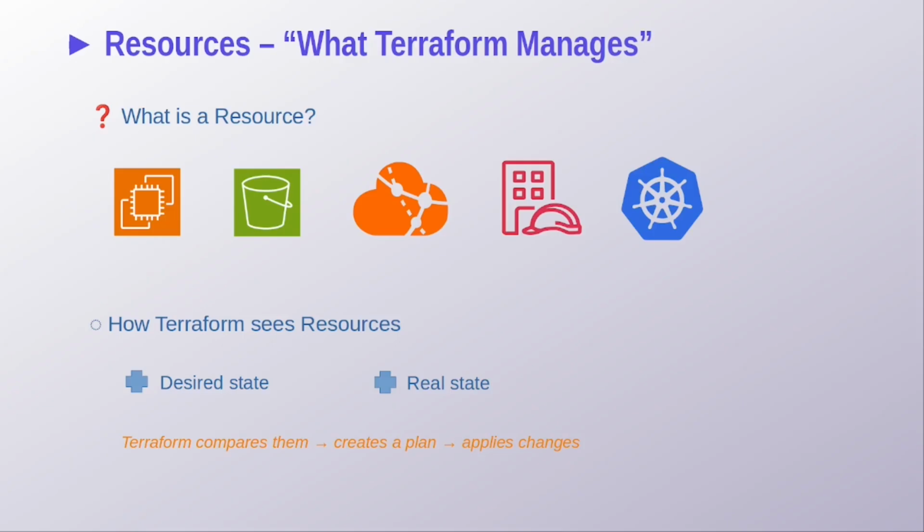Terraform sees each resource as one node in the dependency graph. Each resource has a desired state, what you write in code, and a real state, what exists in the cloud. Terraform compares them and creates a plan. Very important idea: Terraform does not care which file the resource is in or where it is written in the file. Terraform only cares about which resource depends on which.